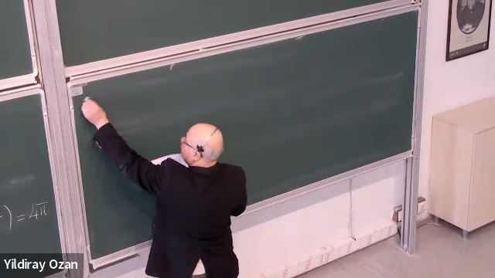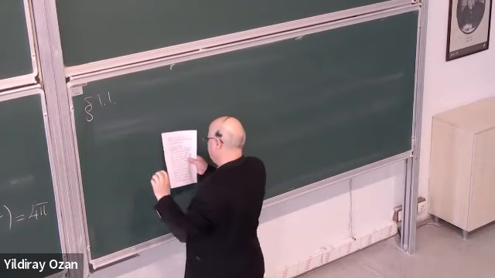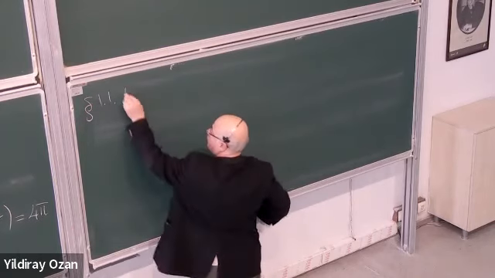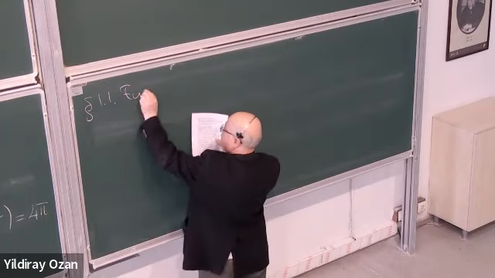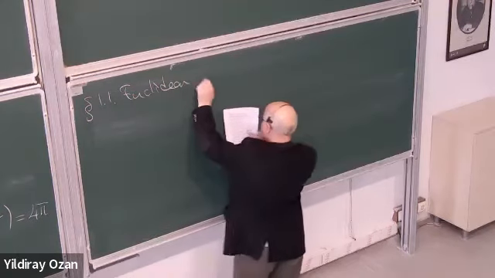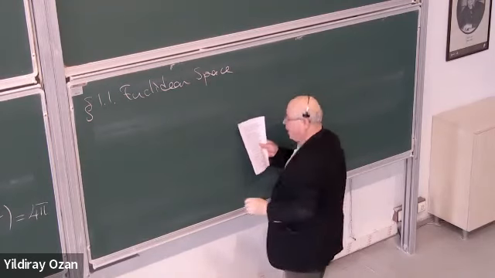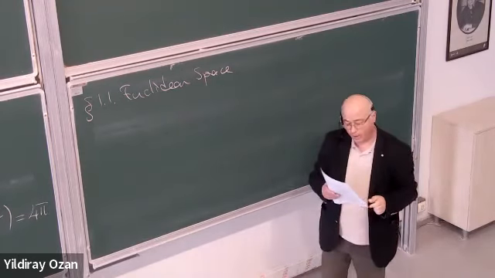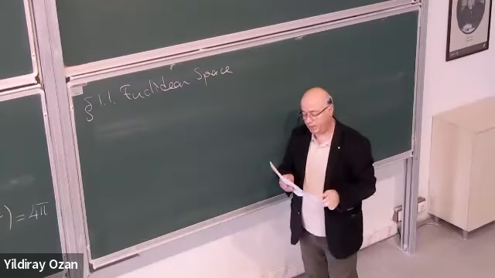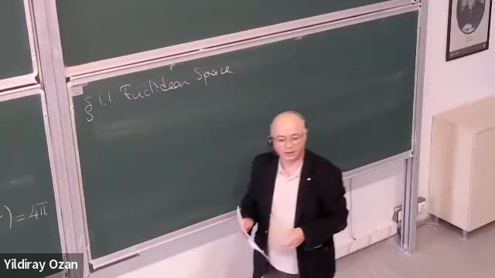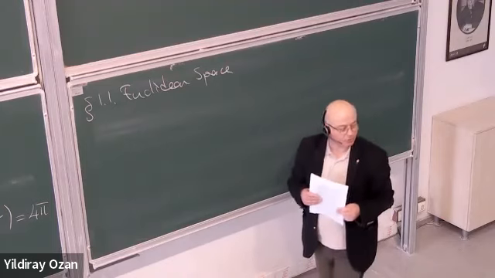So let me start with section 1.1. We will first study the so-called Euclidean space. I am following the book by Barrett O'Neill, Elementary Differential Geometry. I guess it is written on the syllabus, right?